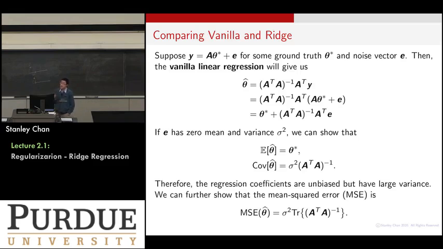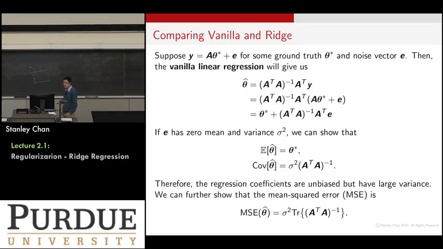And in fact, you can run some additional analysis. You can assume that the E is a zero mean Gaussian vector with a variance sigma squared. You can show that the expectation of the theta hat is indeed theta star, but your covariance matrix will become sigma squared times the inverse of that A transpose A matrix. And apparently, if you have a 0 eigenvalue, you're going to get 1 over 0. You have infinity in your inverse.